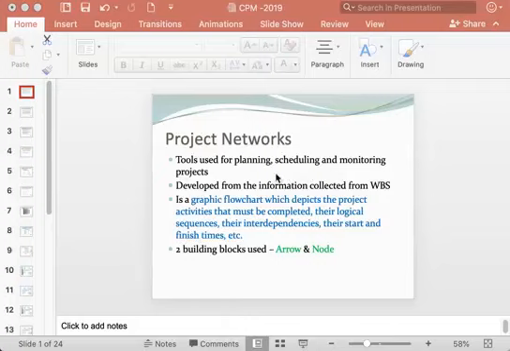So a project network is a graphic flowchart which depicts the project activities that must be completed, their logical sequences, their interdependencies, their start and finishing time, etc.